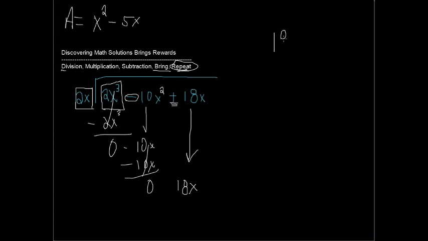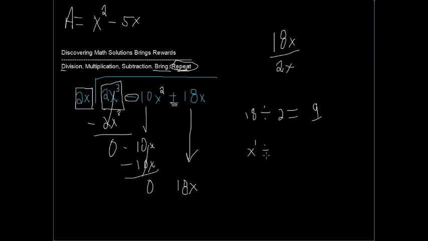18x divided by 2x. Just like in the other ones, we're going to start with the constants first. So we got 18 divided by 2. What is half of 18? Well, that's easy. It's 9. 9 times 2 is 18. So that's our constant number. Now, x divided by x, or x to the first divided by x to the first.